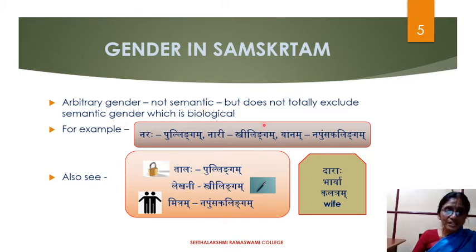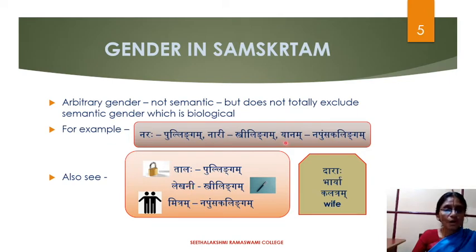There are instances wherein we have biologically corresponding gender assignment to the words, and in the majority of cases we have arbitrary. For example, Naraha, which means a man, is Pullinga or masculine. Nari, which means a lady, is feminine. And Yanam, which means a vehicle, is Napumsakalinga. So all these correspond to the biological sex.